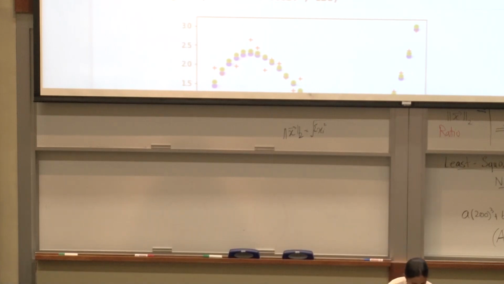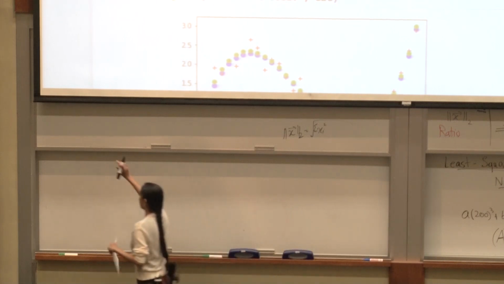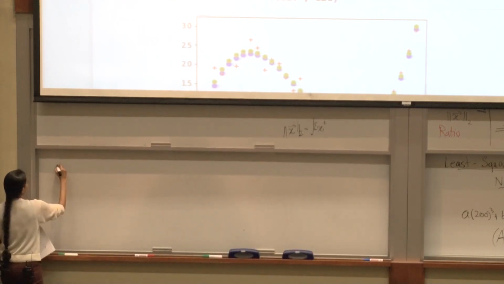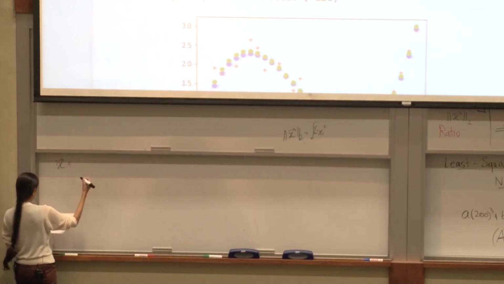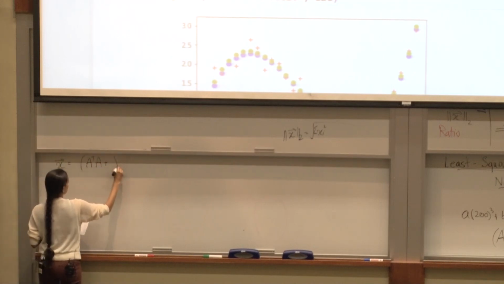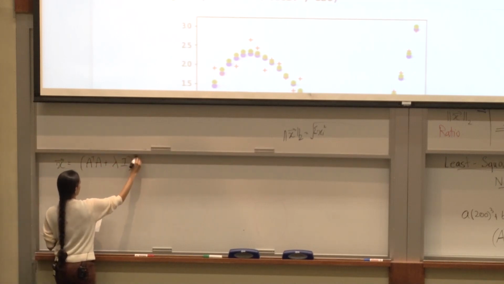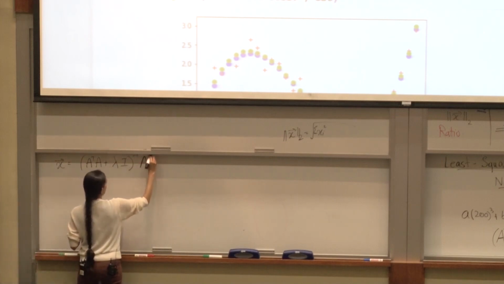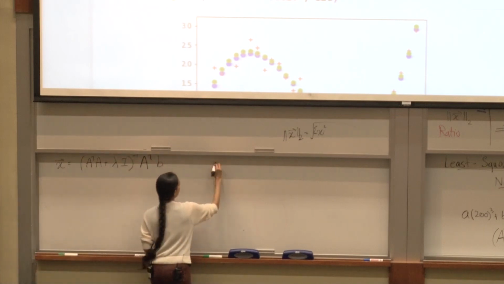So the first thing we want to look at now is x equal to (A transpose A plus lambda I) inverse A transpose b.